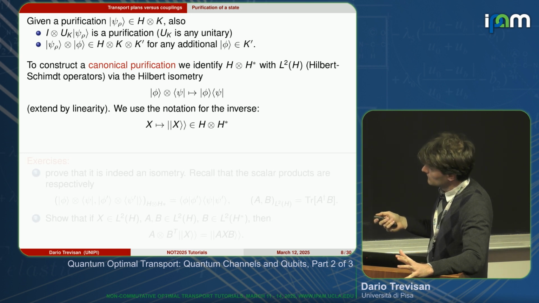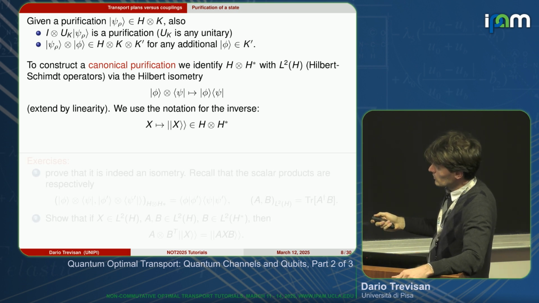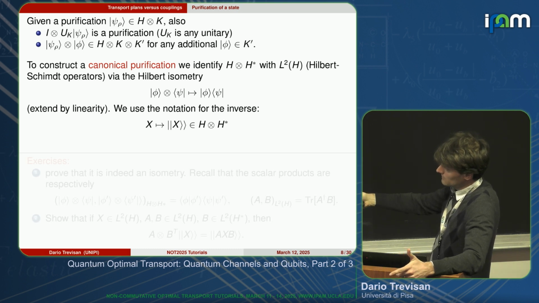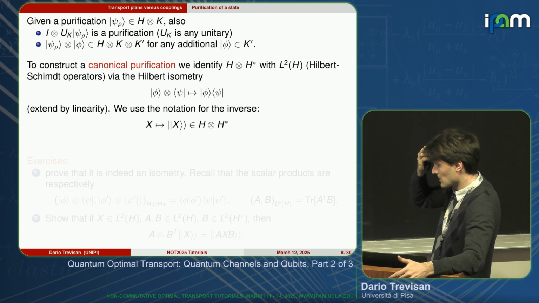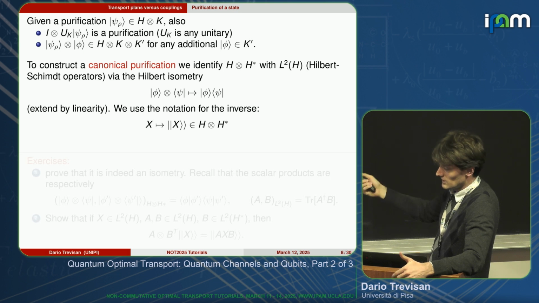First, you need to do this identification. Sorry, now I'm a bit too technical, but the point is, if you are in finite dimensions, say you have a matrix, you can always identify the space of bounded operators from H to H, which are matrices, with the tensor product of H. Actually, if you want a good identification, you need the tensor product of H with H star.